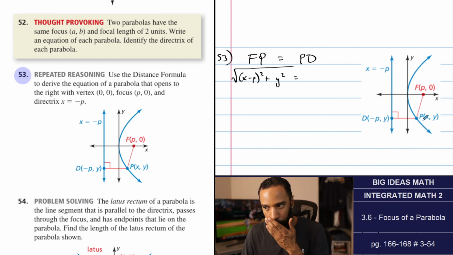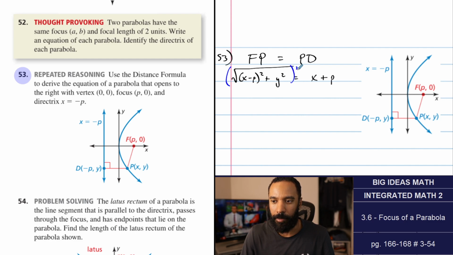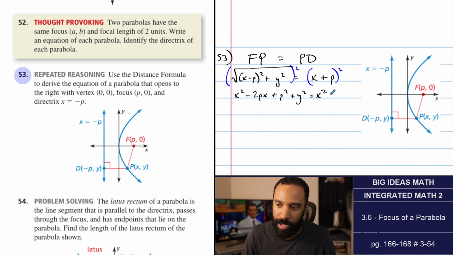The distance from x to negative P is x minus negative P, or x plus P. I'm going to square both sides. I'm just skirting past some parts. Square both sides here. I'm going to expand x minus P quantity squared. That'll be x squared minus 2px plus p squared, plus y squared. X plus p quantity squared will be x squared plus 2px plus p squared.